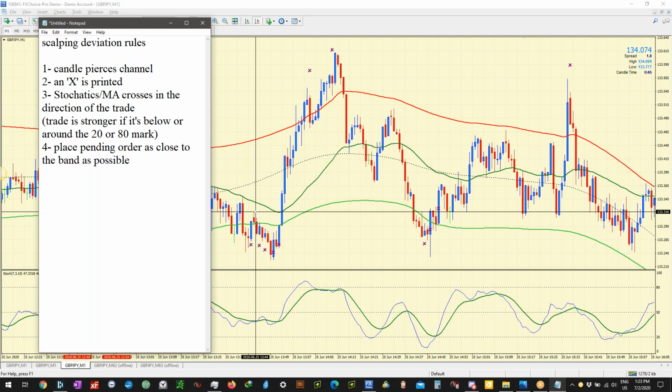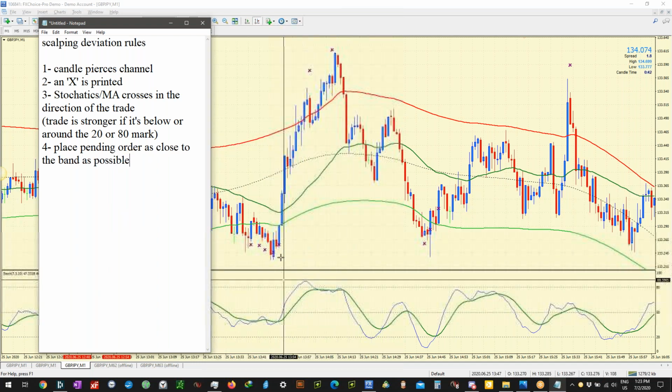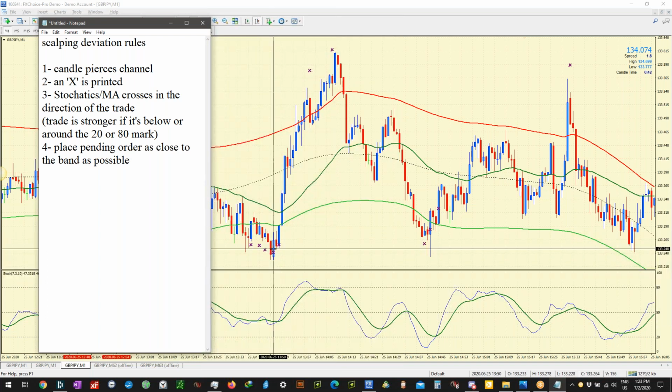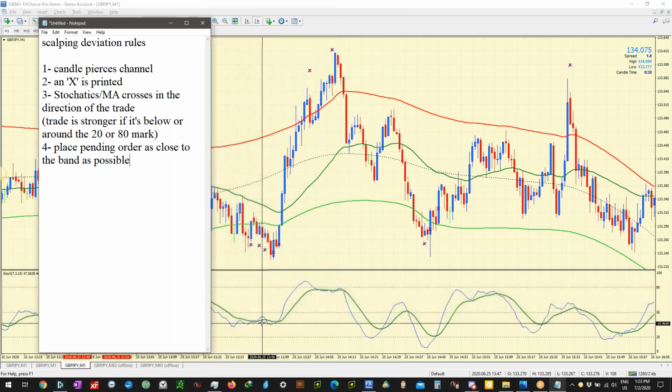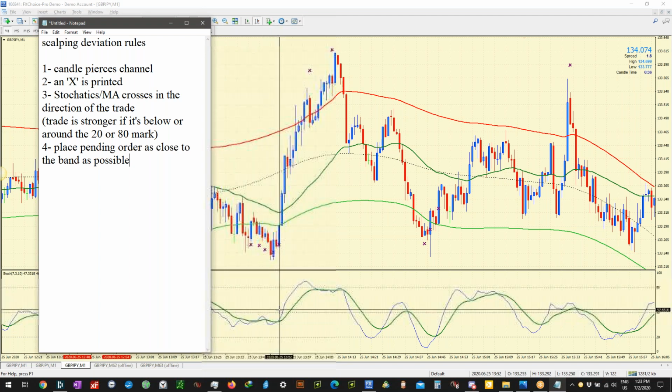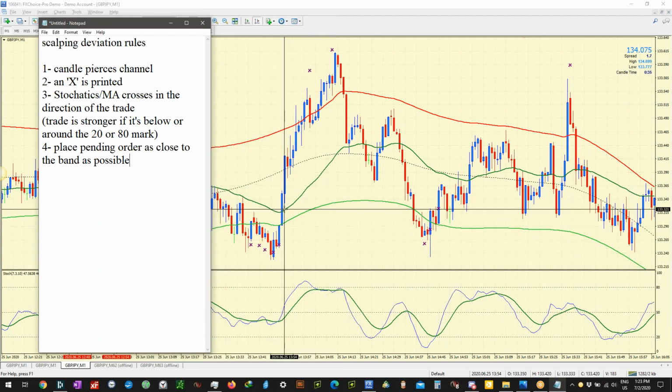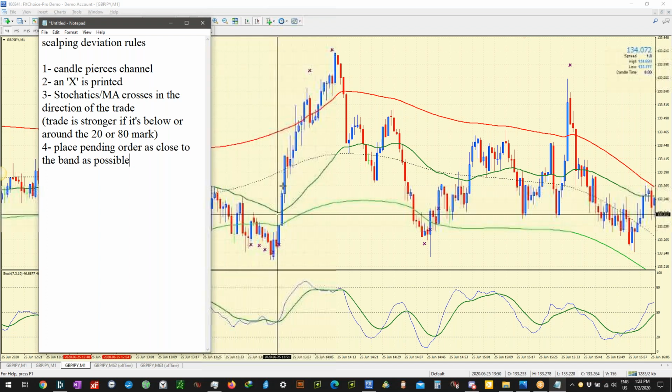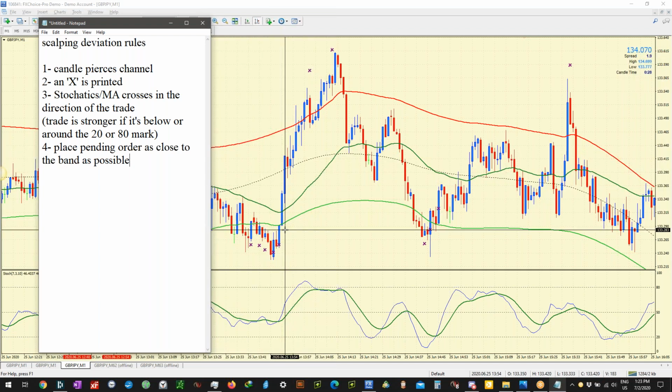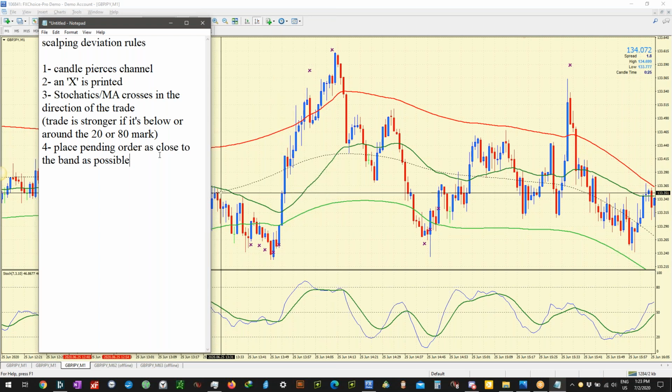What does that mean? That means that in this case, I have an X, I have a piercing, and waiting for the cross is a bit too premature. We also need the price to move above the 15.